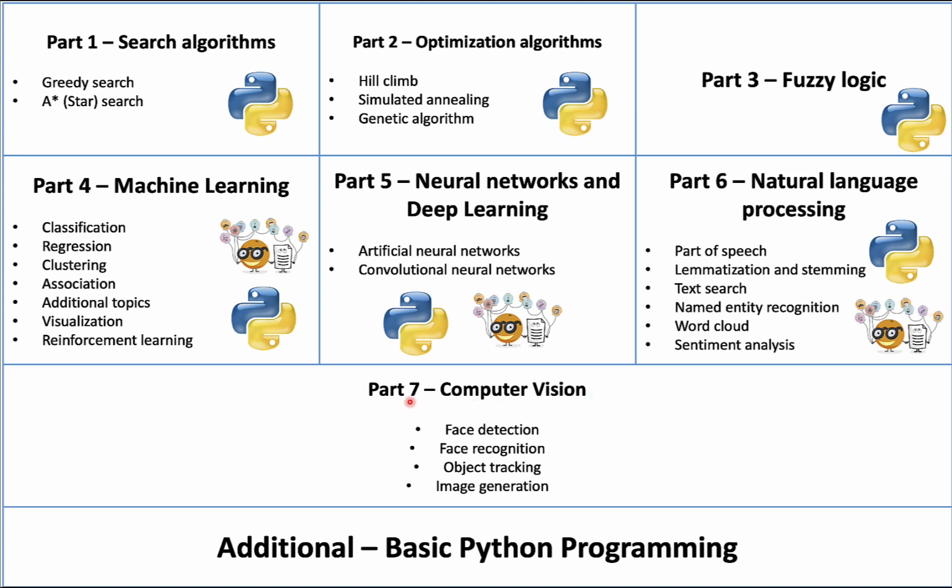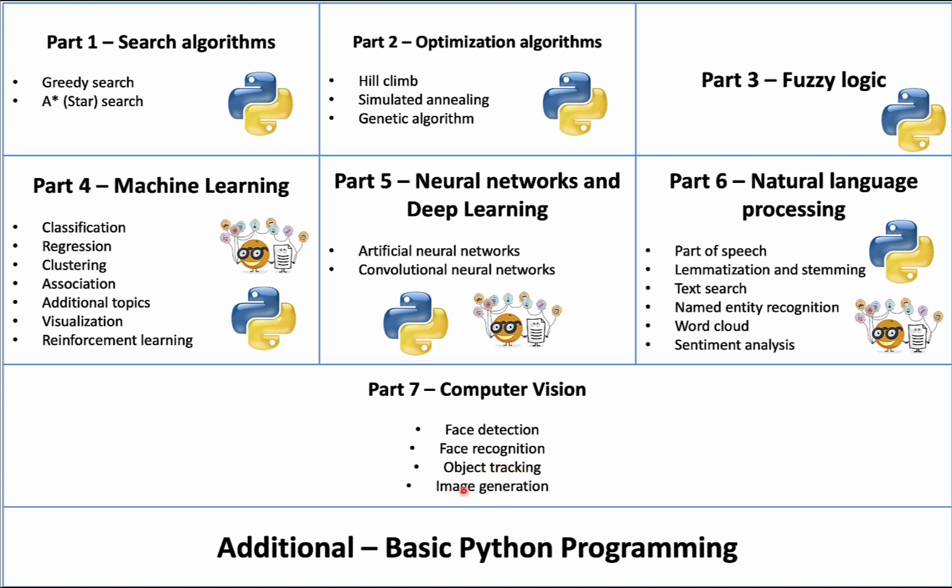In part number 7, you are going to learn about computer vision, which is also a hot topic in artificial intelligence. We are going to implement some projects about face detection, face recognition, object tracking in videos, and image generation.